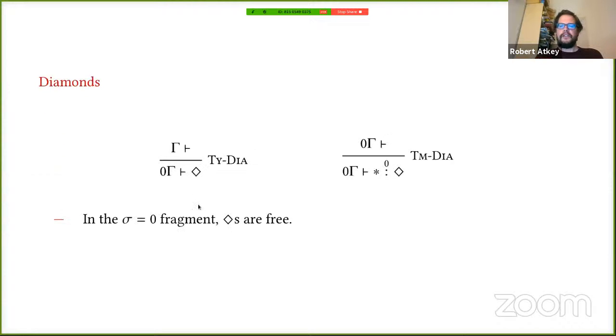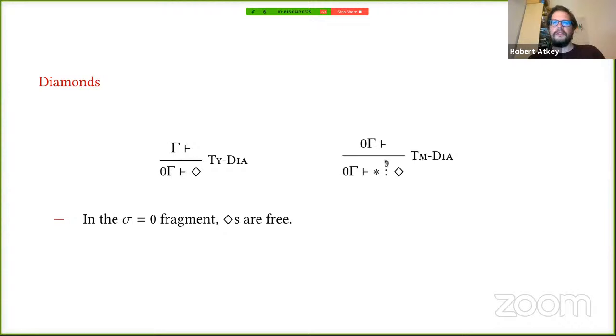Now we can add diamonds to our system. The type formation rule says that if gamma is a well-formed context, then with absolutely no resources whatsoever, so that 0 is everything in gamma, we can say that diamond is a type. And now we have an introduction rule for diamonds, which only works in the 0 fragment.